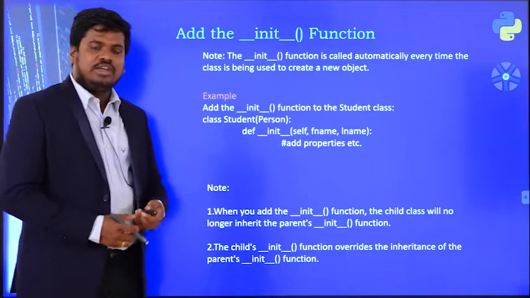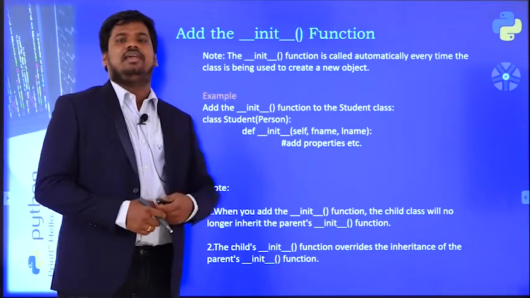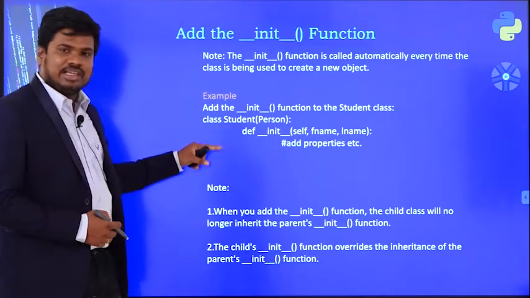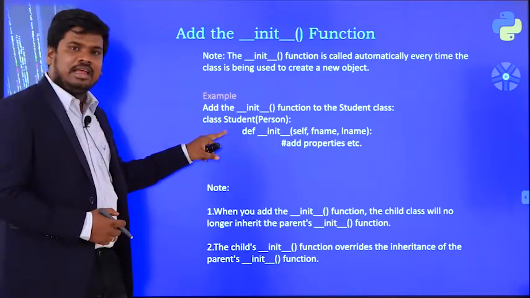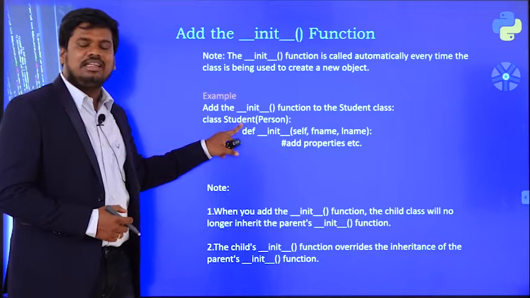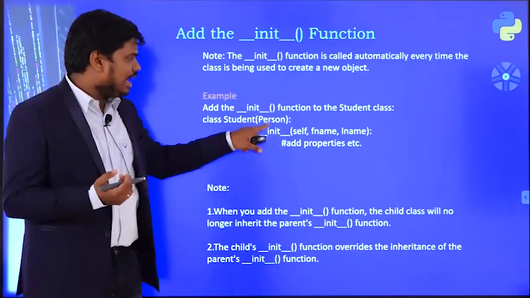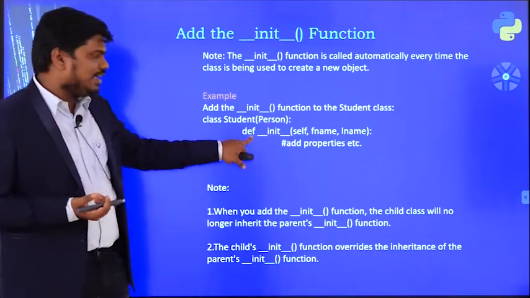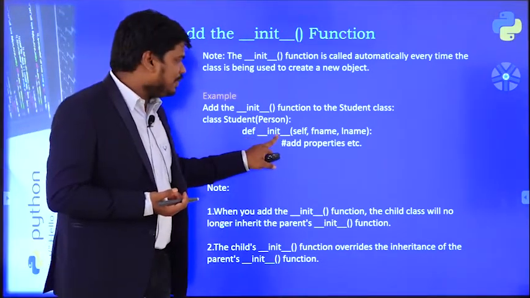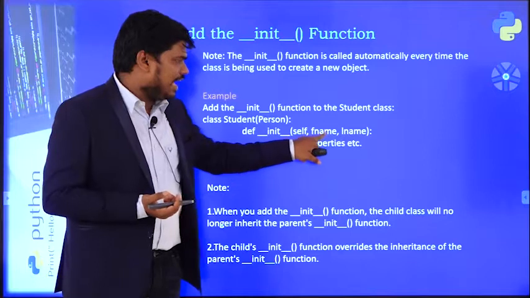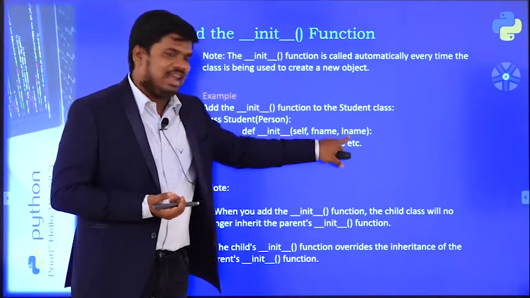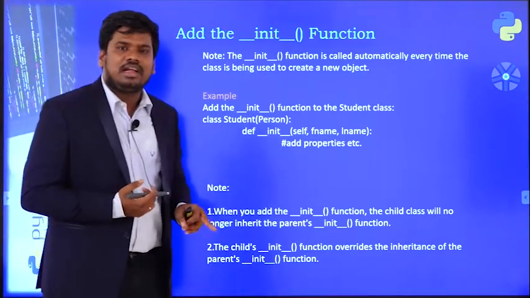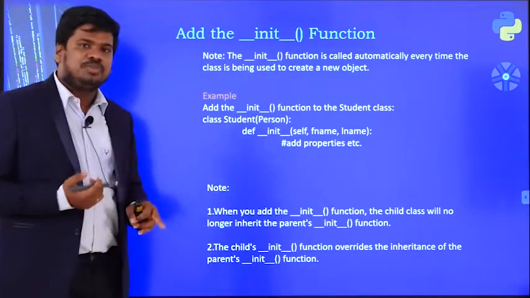We already know that init is called automatically whenever an object is created. So observe carefully here. Here I have created a class Student. Student is a child class, and here I have passed Person, which is the parent class, and inside here I have used an init method with first name and last name. So this is my constructor, and it is automatically called whenever the object is created.